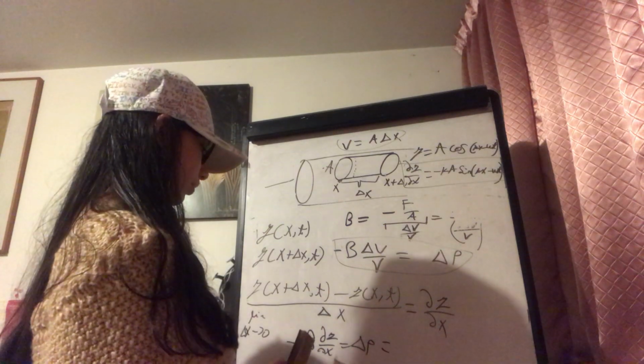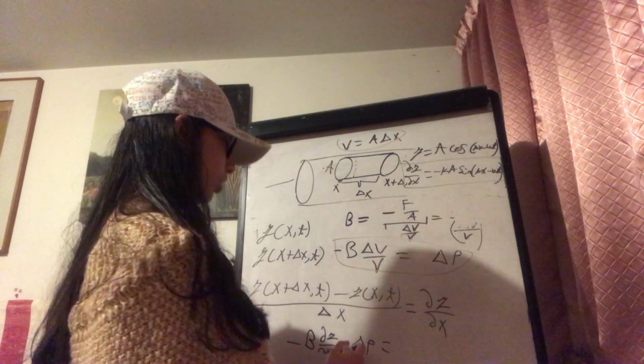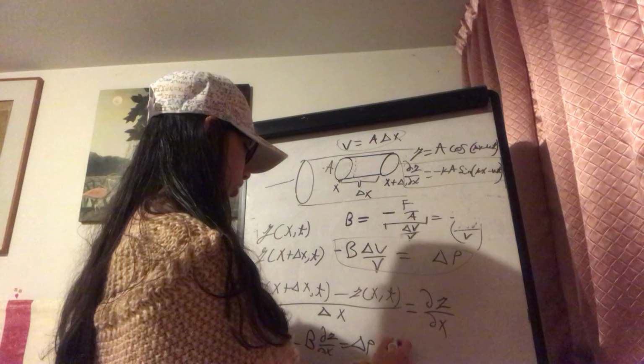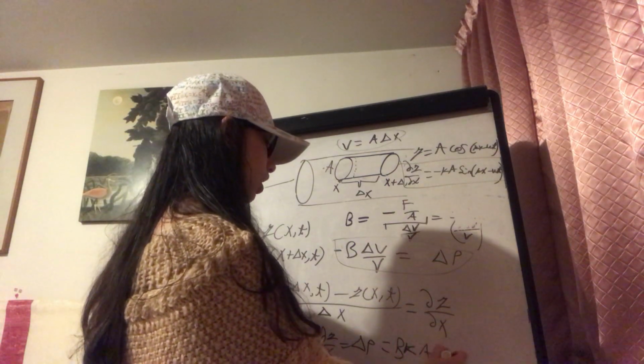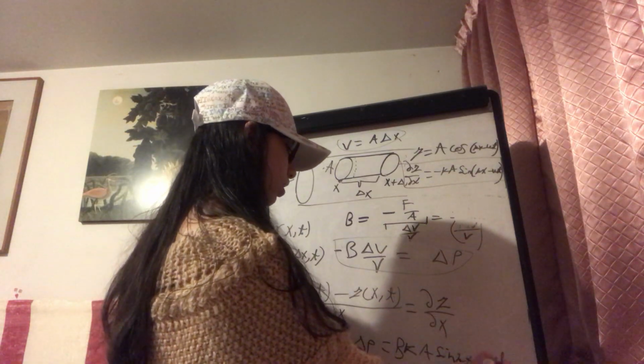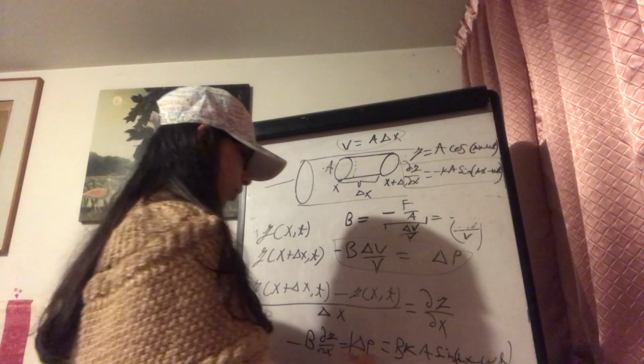The change in pressure is equal to the bulk modulus times k times A times the sine of kx minus omega t. This is the equation of the pressure.